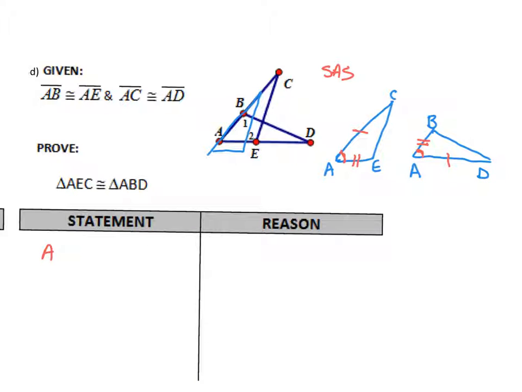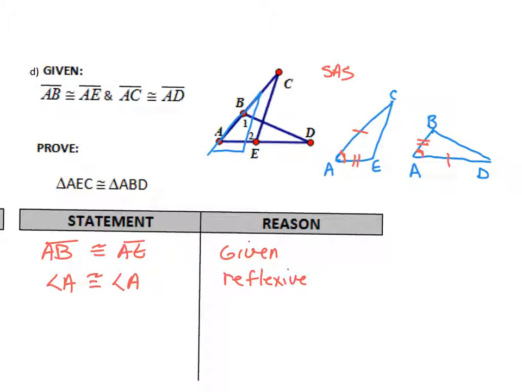So AB is congruent to AE because it's given. Then for the angle, we have angle A is congruent to angle A because it's reflexive. That's that shared angle that's on both of the overlapping triangles.